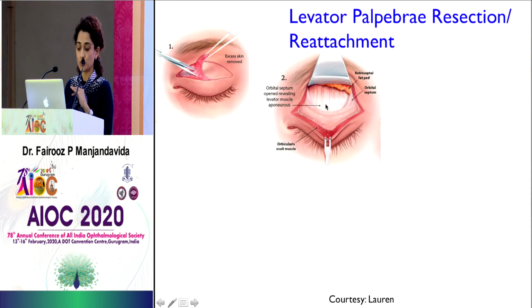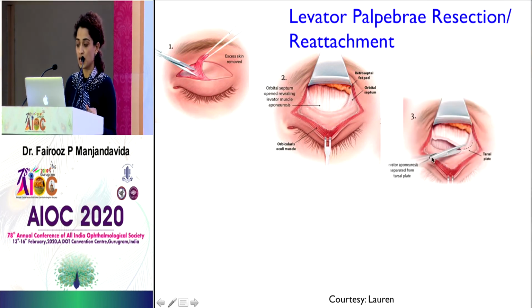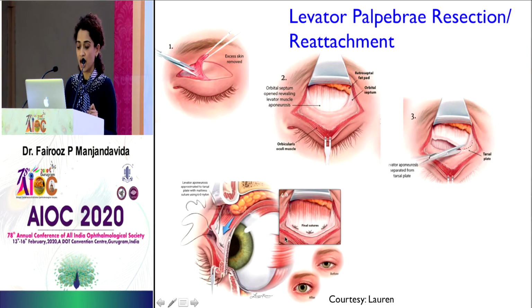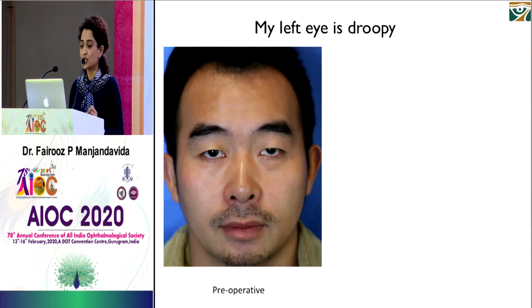Okay, so you expose the levator palpebrae superioris, then you come to the tarsus, you detach the levator palpebrae superioris from the tarsus, and then finally, depending upon how much height you want, depending upon the measurement on table, you actually stitch the levator palpebrae superioris onto the anterior edge of the superior border of the tarsus, in the center, medially and laterally.